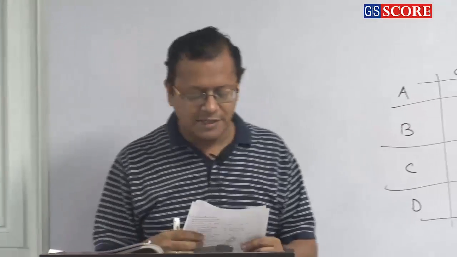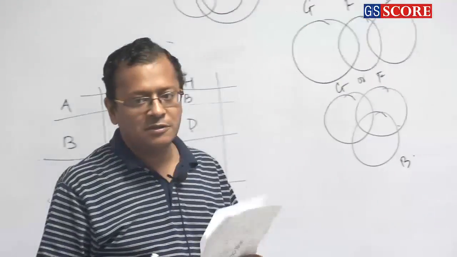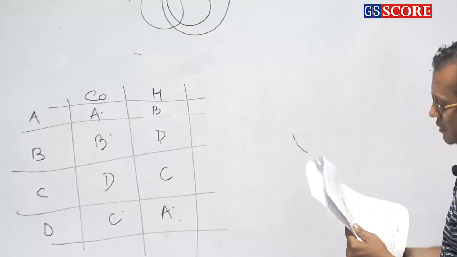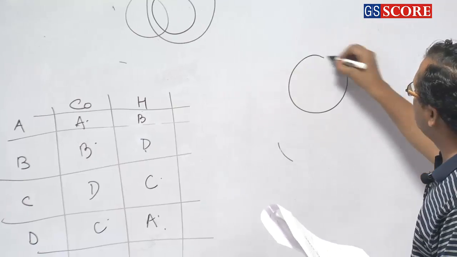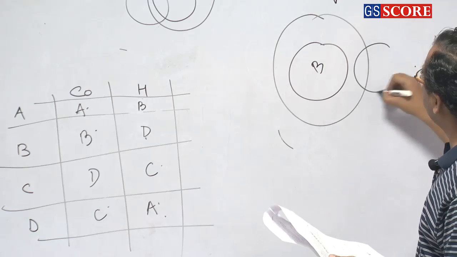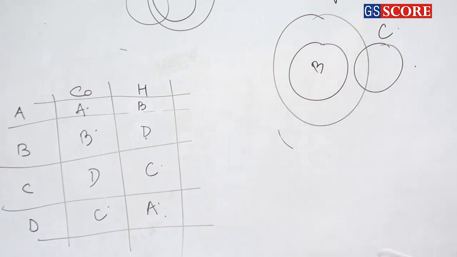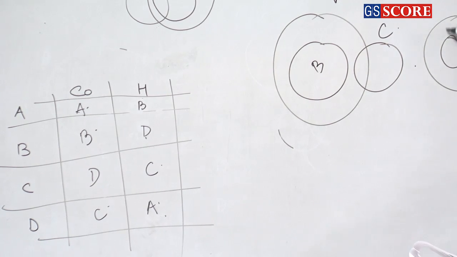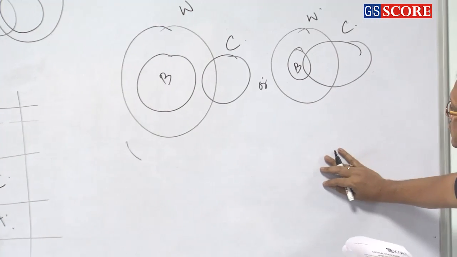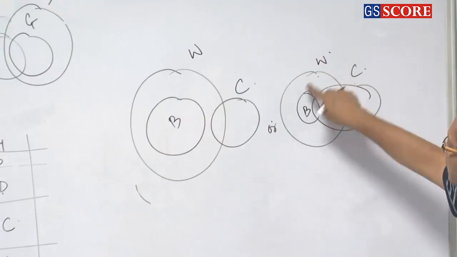Okay. All books are watches, some watches are clips. Can be like this, all books are watches, some watches are clips. Can be like this. I don't think there is another Venn diagram. Okay. Some watches are books, follows from both of them.